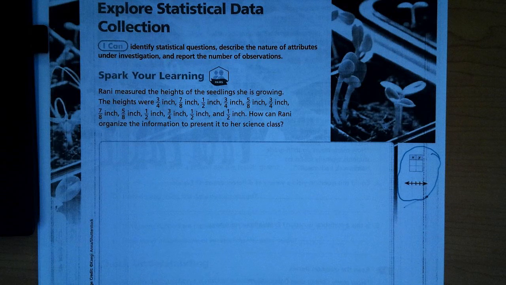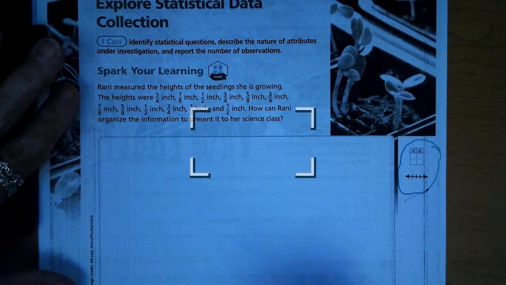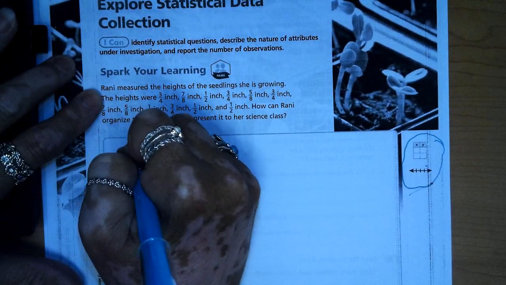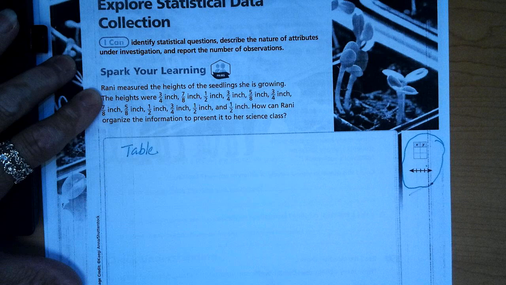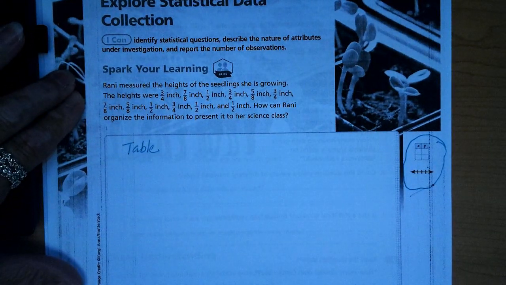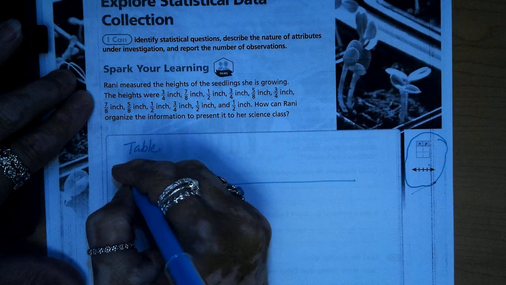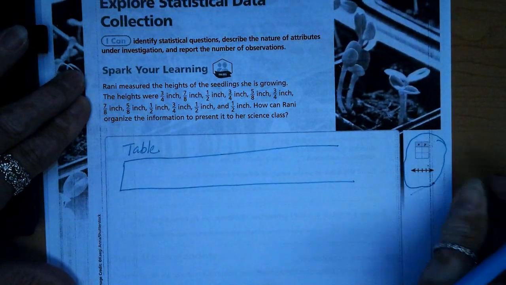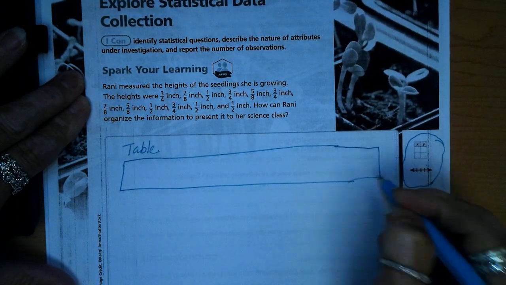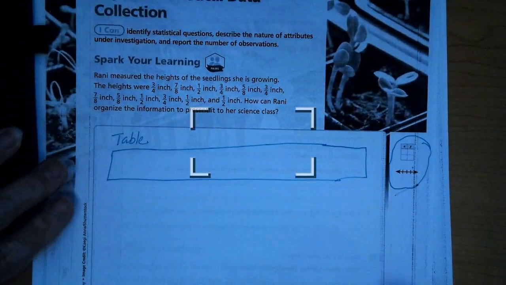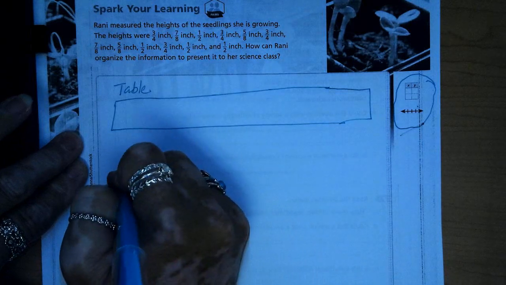I always wondered why they put those. Yep. All right, so we can make a table, right? We could put an X for each one. Okay, so we could create a line plot.